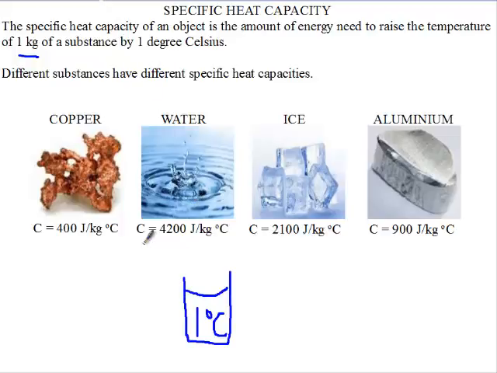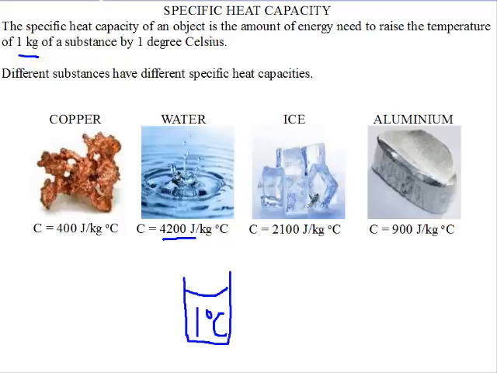When we come to water, we see C is equal to 4,200 joules per kilogram per degree Celsius. What this means is that if we want to raise the temperature of 1 kilogram of water by 1 degree Celsius, we will need to supply 4,200 joules of energy.